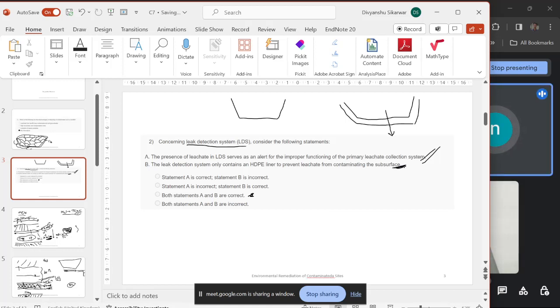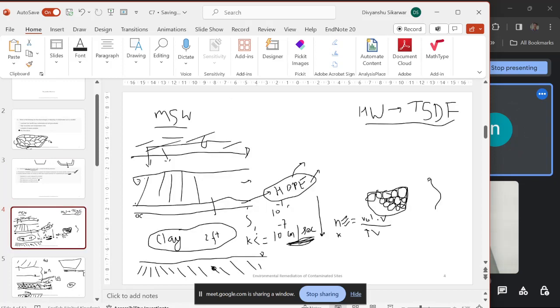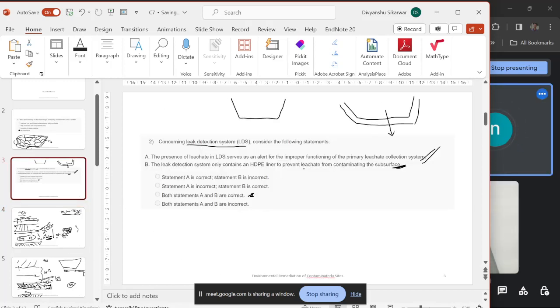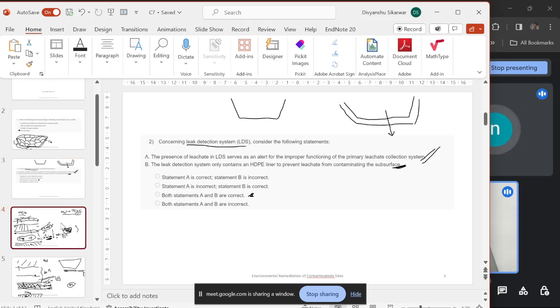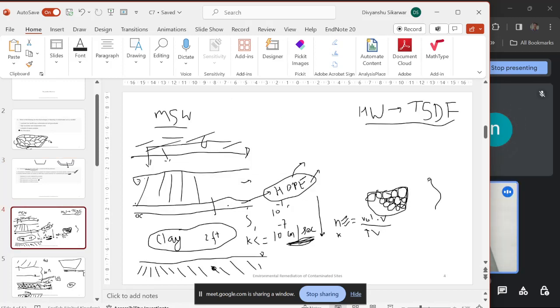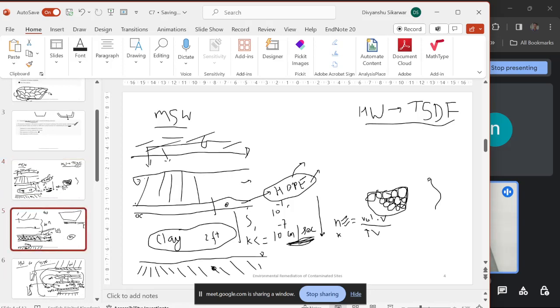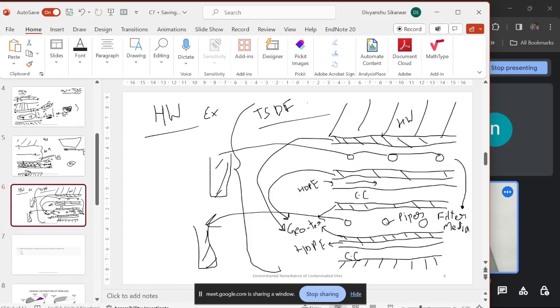The second one is incorrect. Why? Yes, the clay layer will be there. We also have a clay layer in both cases, because this is HDPE, and then we have a clay layer for hazardous waste also. This is HDPE, but we have a clay layer, right?